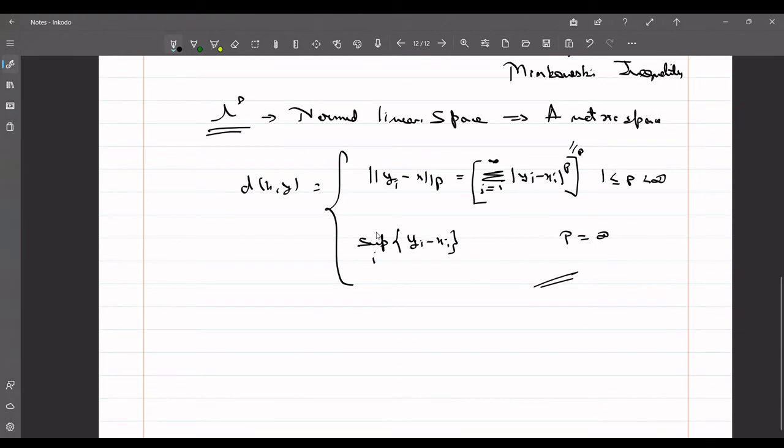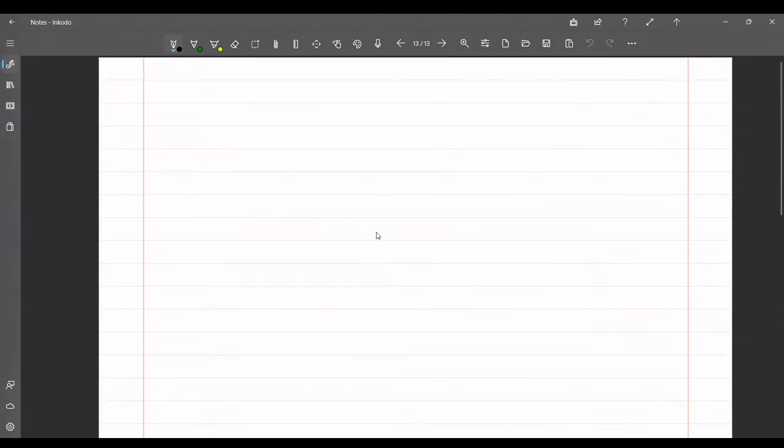Now let's check a few subspaces of the normed linear space. We already have a few definitions like L1, what is LP, what is L infinity. Suppose I take x to be the sequence 1, 1 over 2, 1 over 3 and so on.